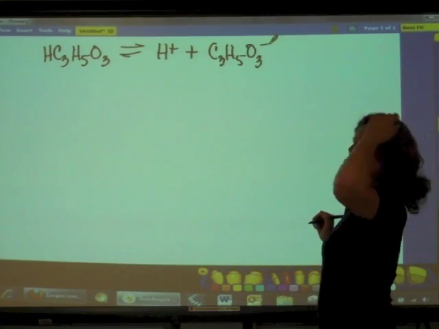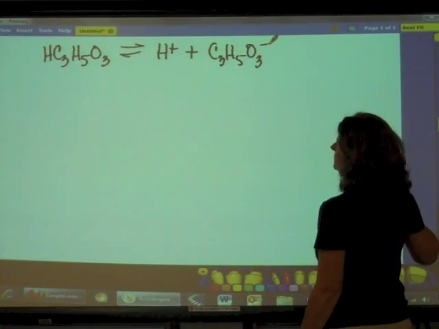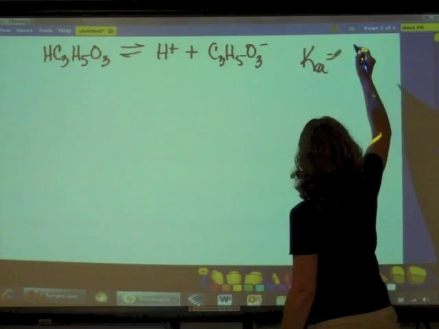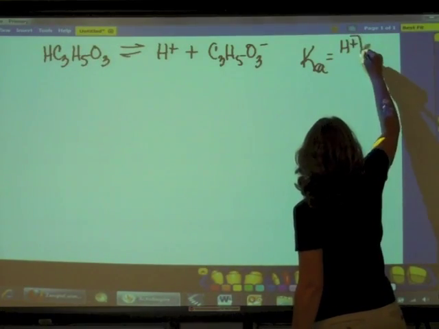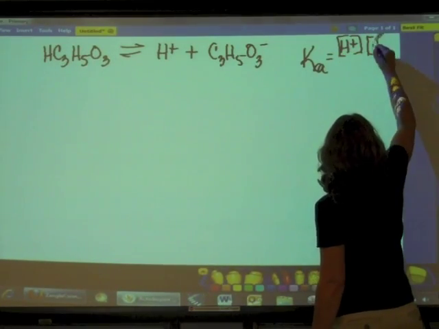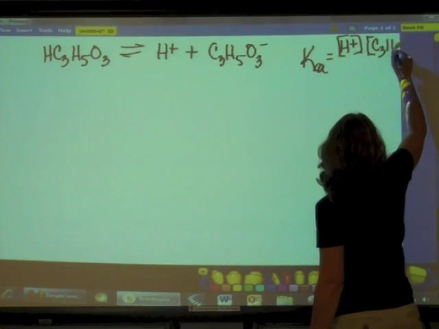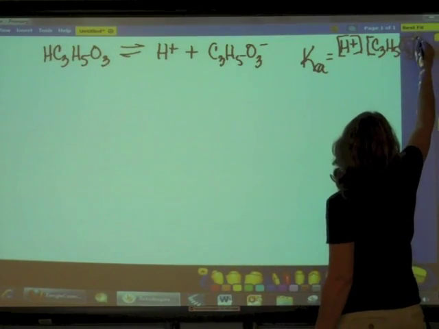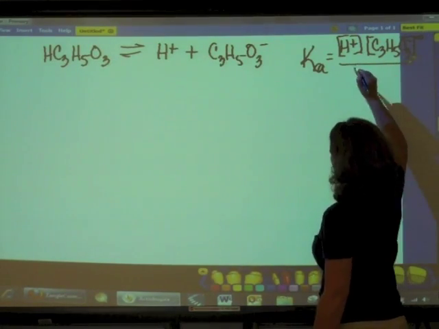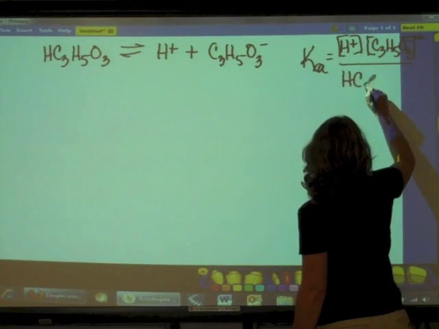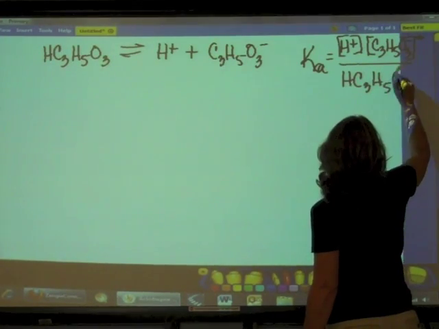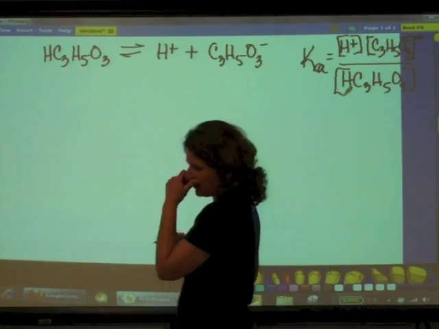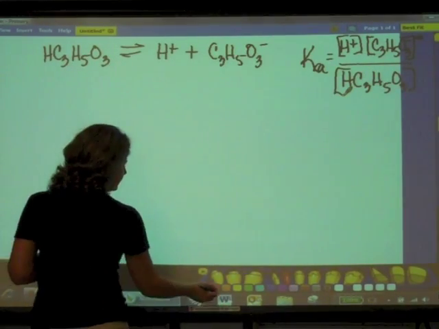All right, let's write an equilibrium expression for this thing. So we've got Ka is equal to H plus times C3H5O3 minus over the acid, HC3H5O3. Okay. So let's go ahead and set up an ICE diagram for this thing.